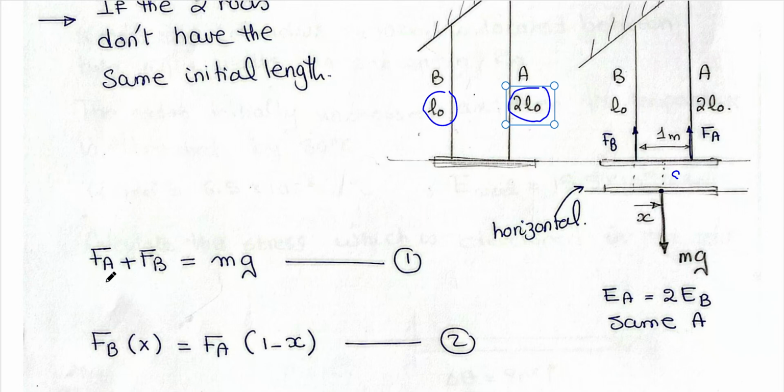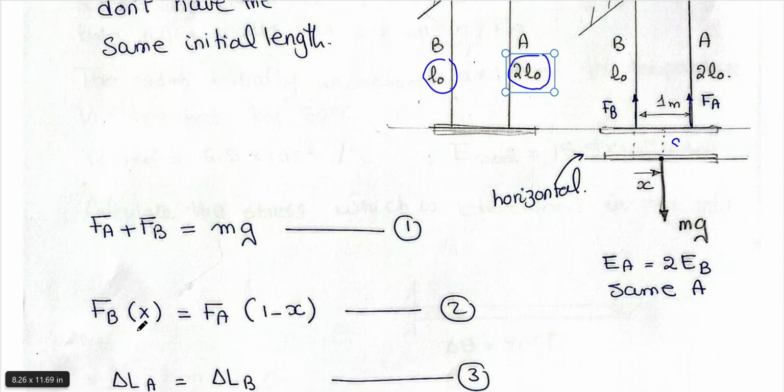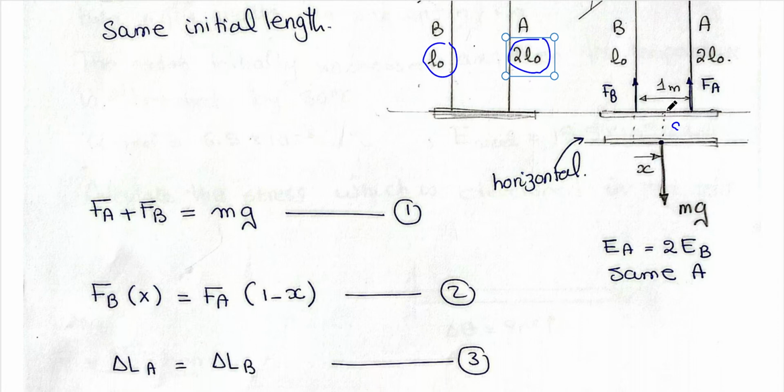First, sigma forces in the positive y: FA plus FB equals mg from equilibrium. Also, you can write the moment around point C: FB multiplied by x equals FA multiplied by 1 minus x.